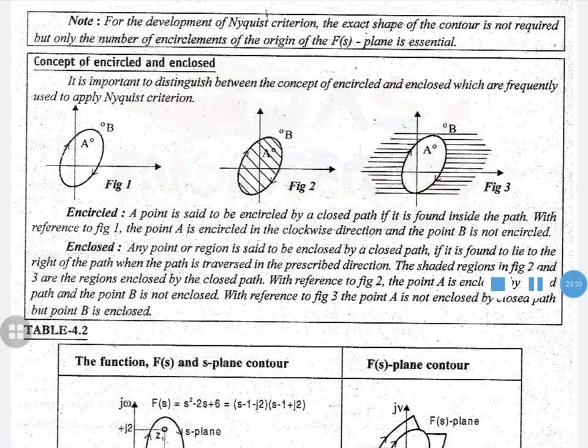Figure 2 is within the contour, figure 3 is outside the contour. So figure 2 says the point A is enclosed, and figure 3 says the point B is enclosed.